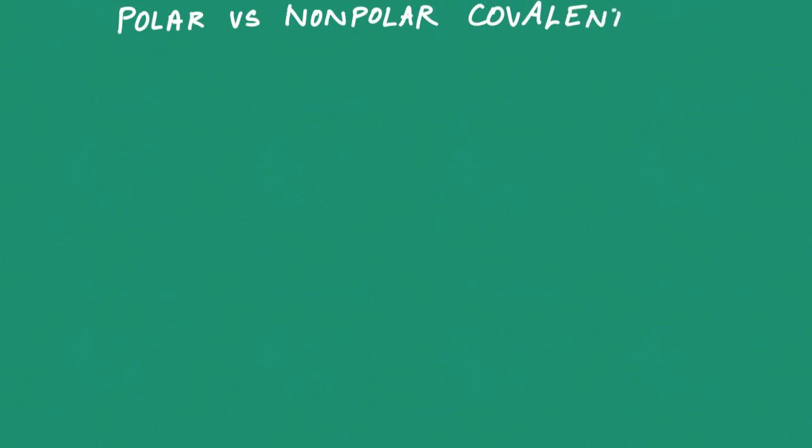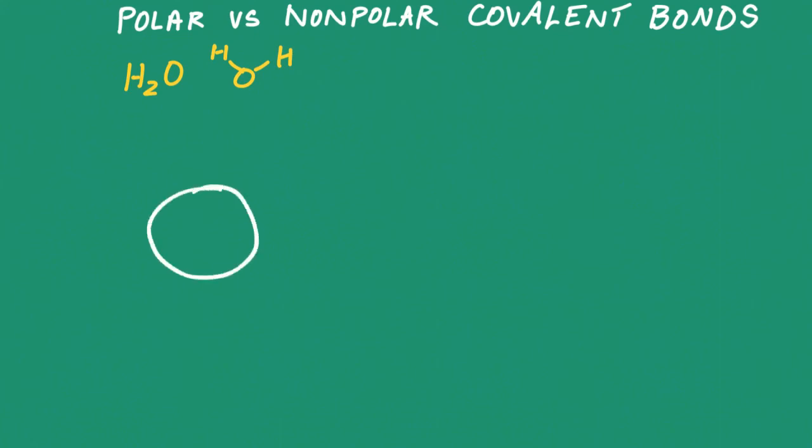Now let's compare a polar covalent bond versus a non-polar covalent bond. The difference here is how the electrons are shared. If the electrons are shared equally, then we have a non-polar covalent bond. If we have electrons shared unequally, we have a polar covalent bond.